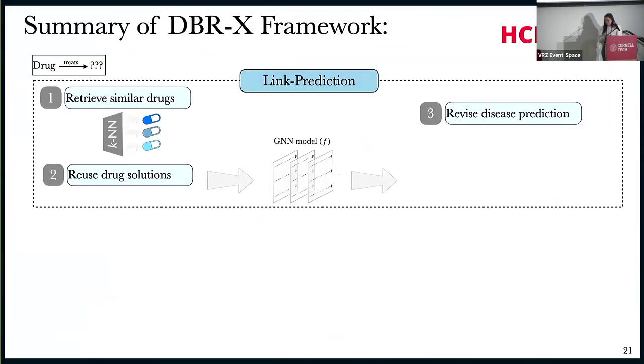And I just want to briefly summarize how our framework works. Again, we have two main modules, the link prediction module that uses a case-based reasoning strategy. We first need to find similar drugs, use the mechanistic paths that we have in our knowledge graph, and then based on this, we can derive novel connections, and more importantly, we have access to the mechanistic paths that explain these connections.